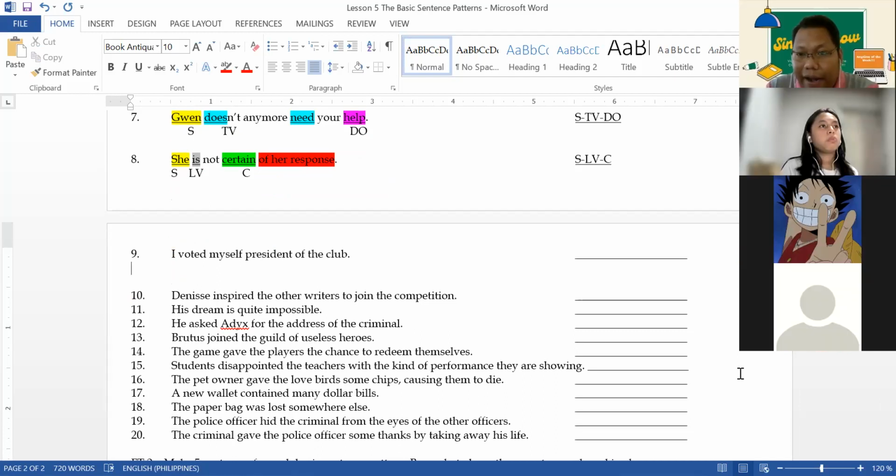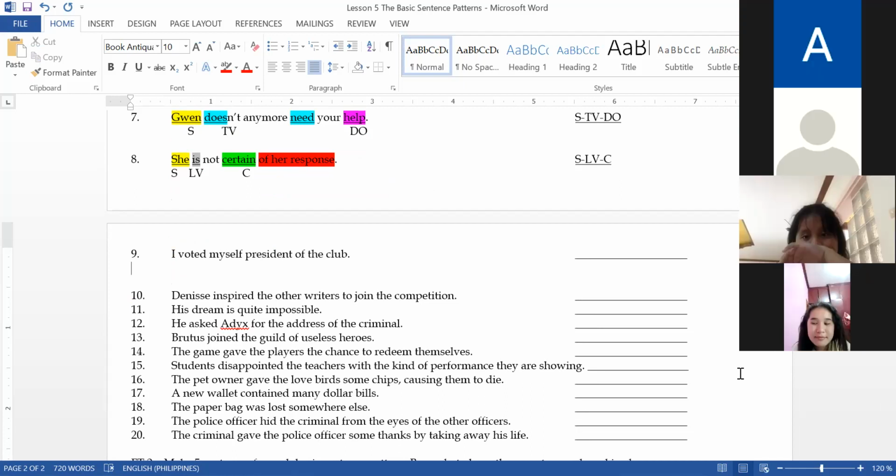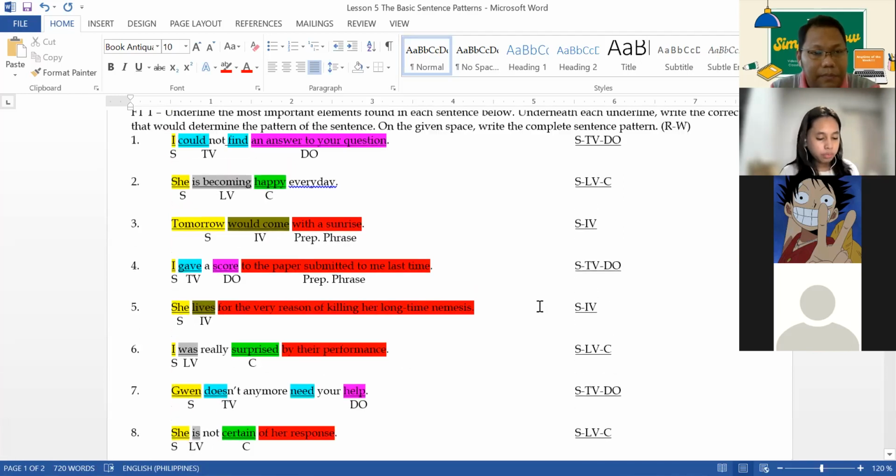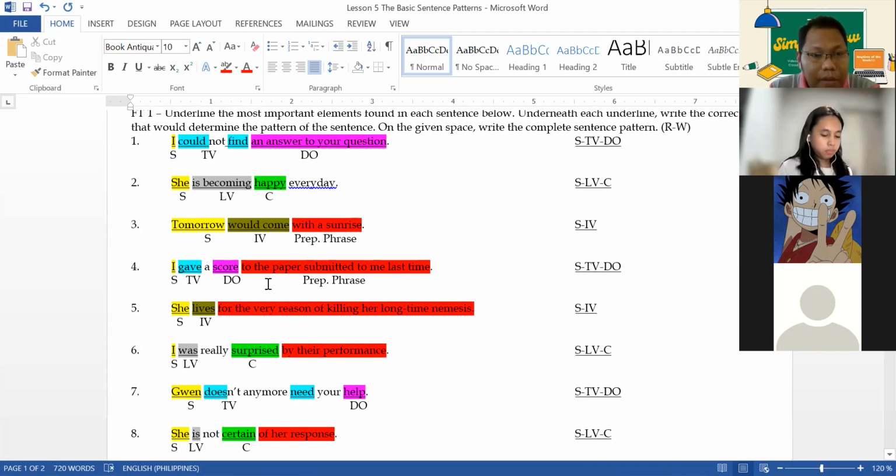What about Claire? 8/8. Clarice, 8/8. Okay, good. Shania, Erwin? 1 wrong, sir. The error is in what number, Shania? The number I asked, the 3. Number 3, okay. What about Erwin? Score so far?